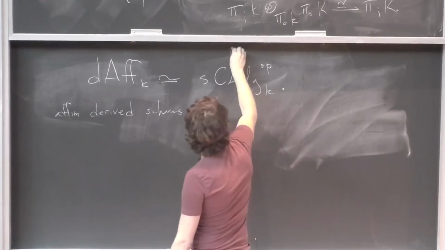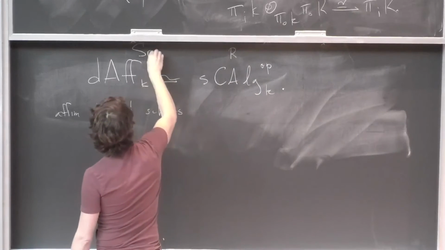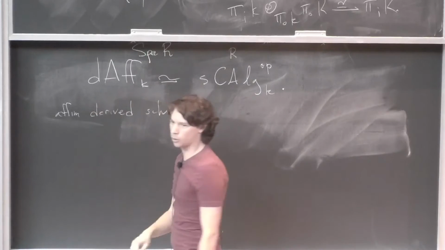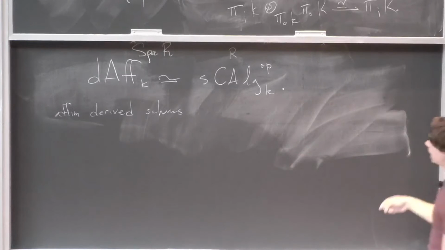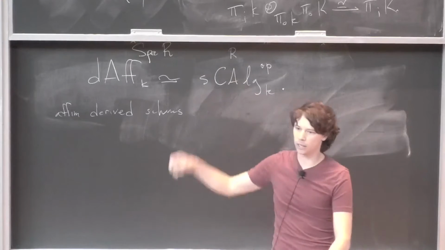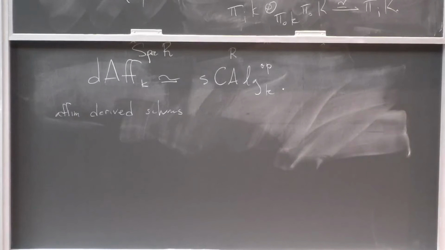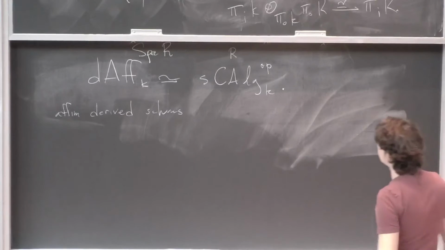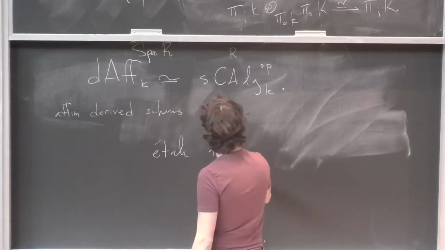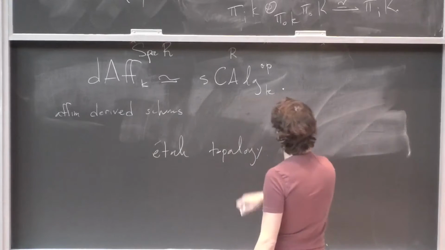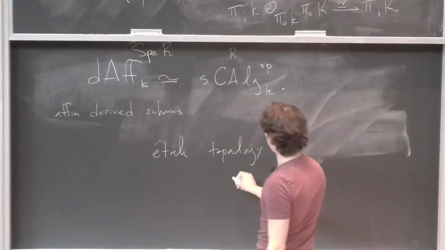And if I have an object here, then of course I'm just going to view spec R as the corresponding object here. And maps from spec R to spec S are going to be the same as ring maps from S to R, the usual thing. So this gives me this category, and I have a natural notion of a topology on it, just given by the étale topology. So this turns this into some kind of site.